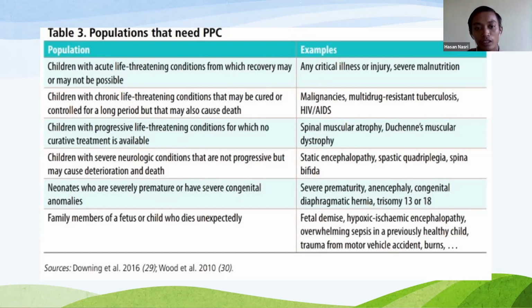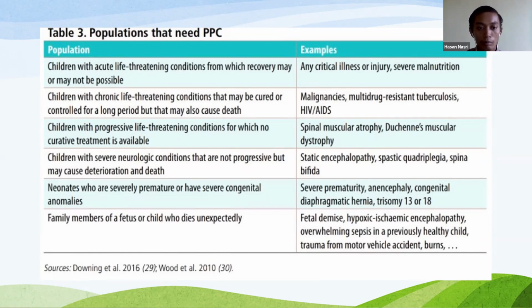Children with severe neurologic conditions which are not progressive but may lead to deterioration in health and death, for example spastic quadriplegia, spina bifida, and also neonates who are severely premature or have severe congenital anomalies, anencephaly, congenital diaphragmatic hernia, trisomy 13 or 18. These have a low prognosis.